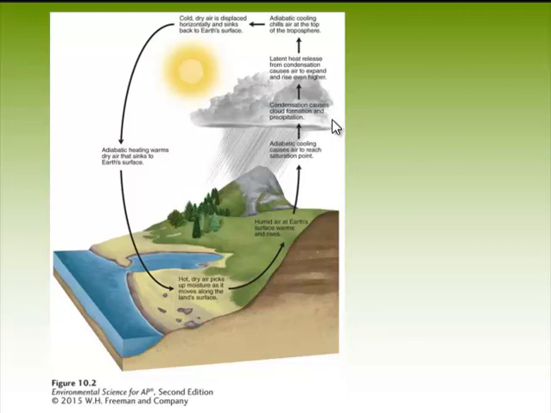And by the way, the condensation is happening around little condensation nuclei, which are just little pieces of dust all over the atmosphere. Then when the condensation occurs, remember that latent heat is released, and this cycle will continue until the air mass actually matches the surrounding temperature.